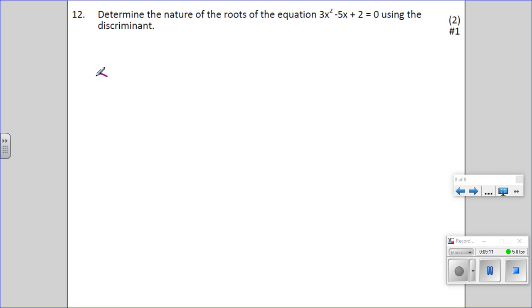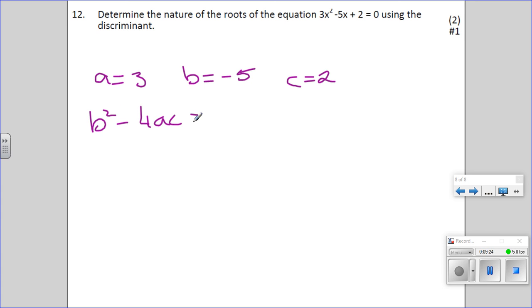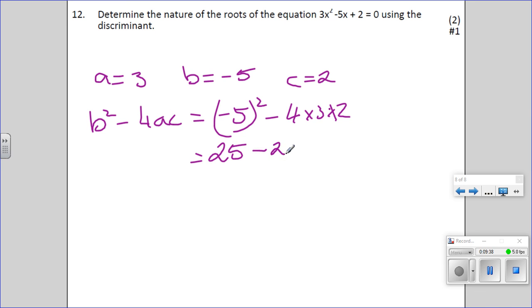Okay, so we've got a value equal to 3, b value equal to negative 5, and c value equal to 2. Your discriminant is b squared minus 4ac, so we're looking at negative 5 all squared minus 4 times 3 times 2. So negative 5 squared is 25, minus 4 times 3, which is 12, times 2, which is 24.